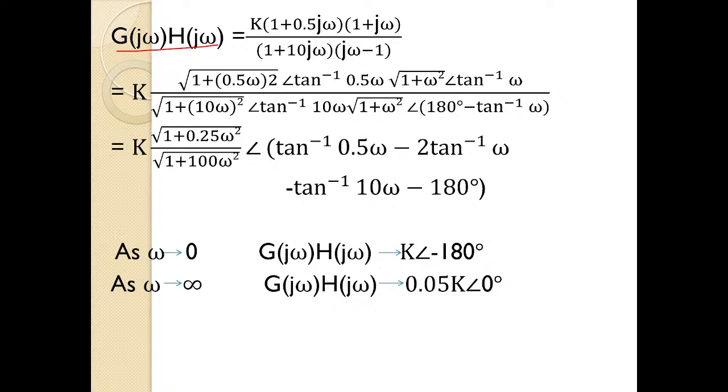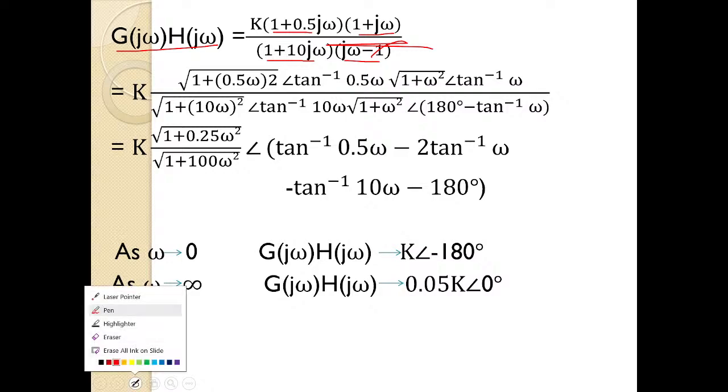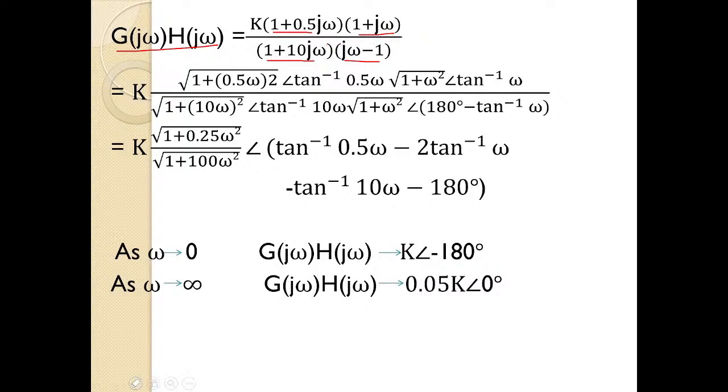G of J omega, H of J omega is what? K into 1 plus 0.5 J omega, 1 plus J omega, 1 plus 10 J omega, J omega minus 1. You can rewrite this last term in the denominator.